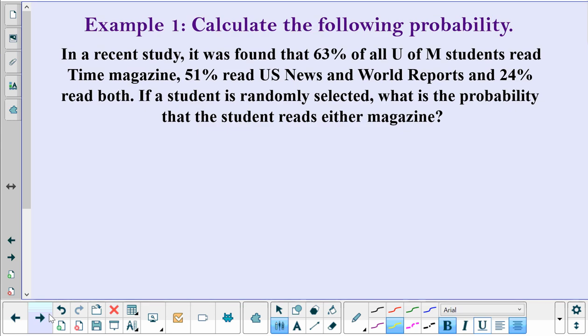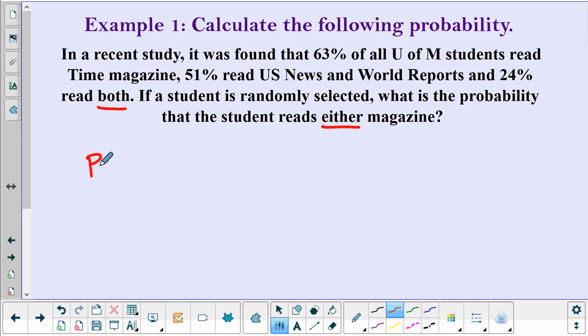It says, in a recent study, it was found that 63% of all University of Minnesota students read Time magazine, 51% read U.S. News and World Reports, 24% read both. That's a good thing to know. If a student is randomly selected, what is the probability that the student reads either magazine?